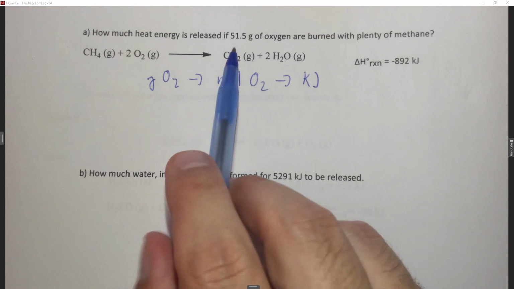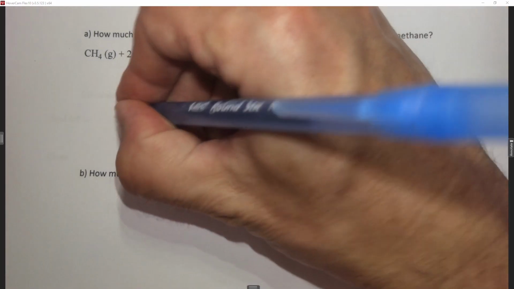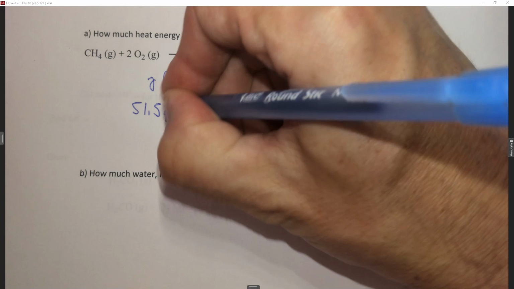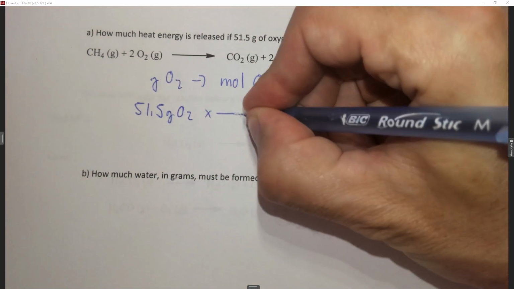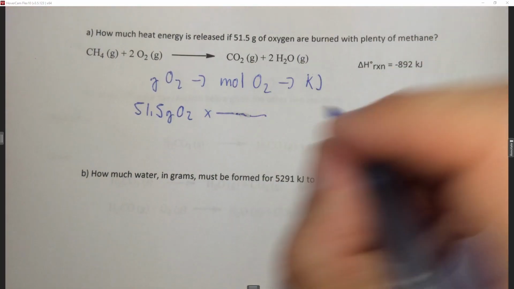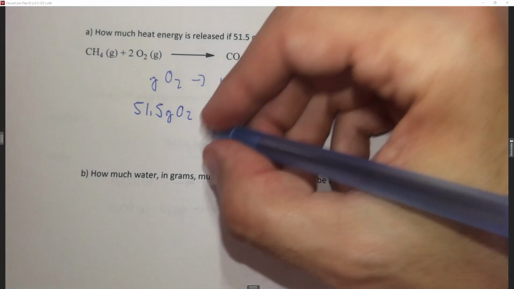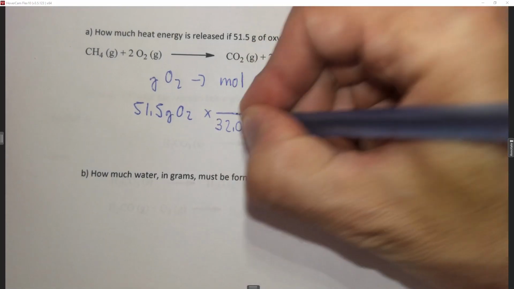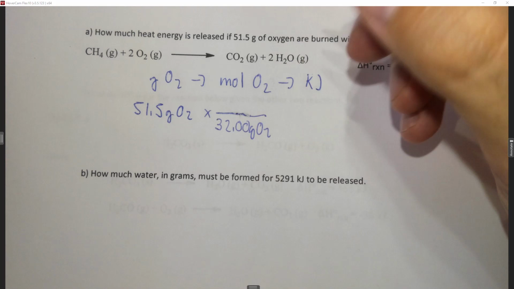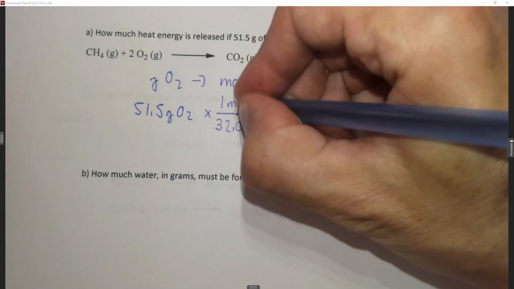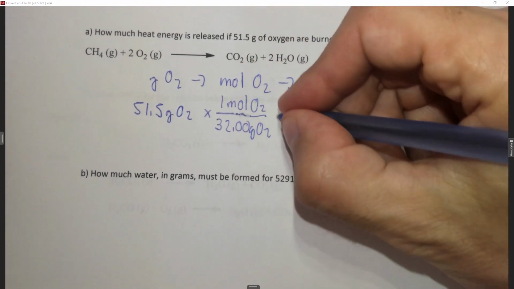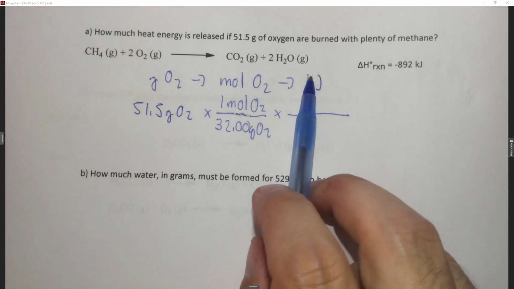So if we go with the grams of oxygen, we start with 51.5 grams of oxygen times the molar mass of oxygen. Remember it's diatomic, so it's 32 grams of O2, not 16, per 1 mole of oxygen. Now we have to go to kilojoules.